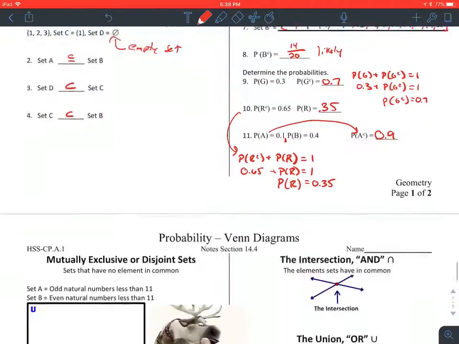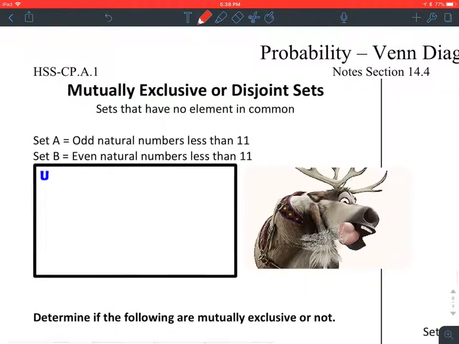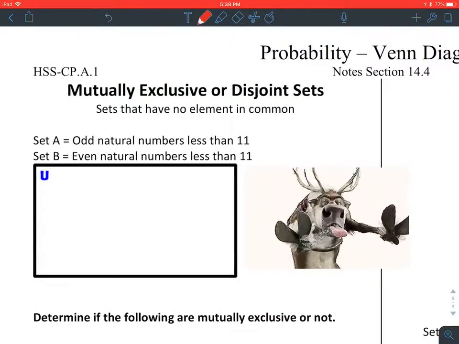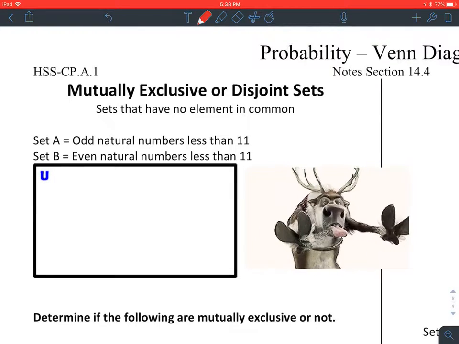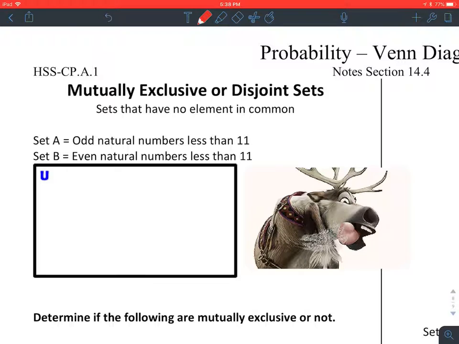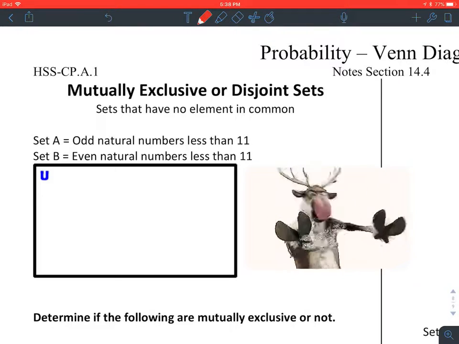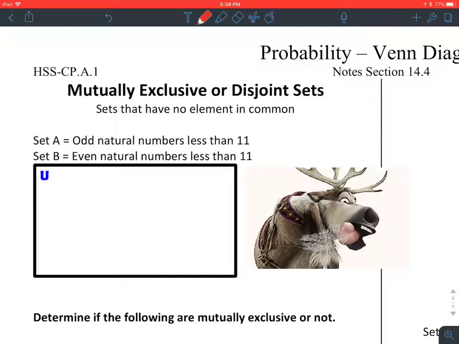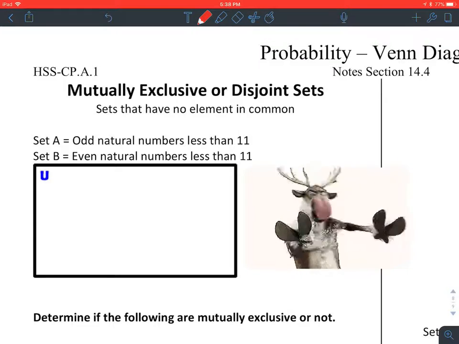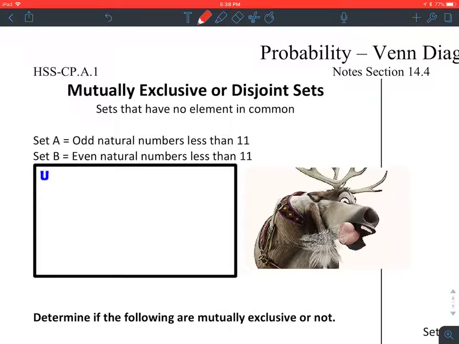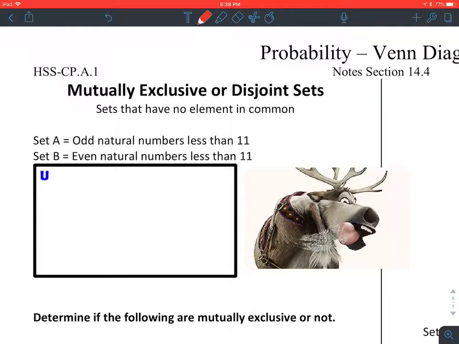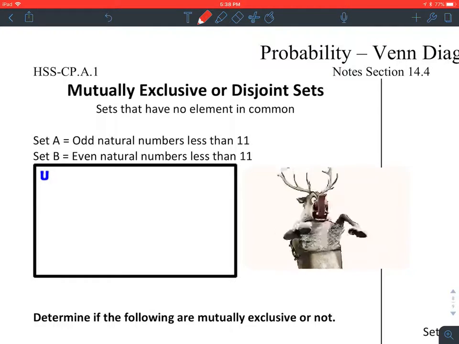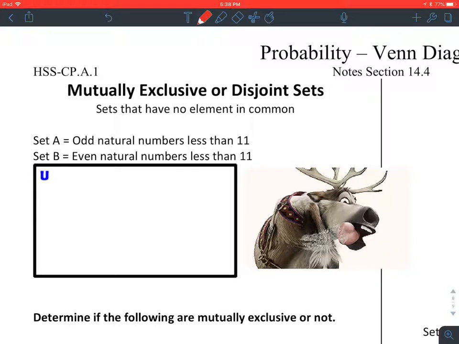Moving forward. Got to make another Venn diagram here. Mutually exclusive or disjoint sets. Mutually exclusive means that the sets are disjoint. That means that they have no elements in common. Here's an example. We've got the universal set, and in that universal set are all the integers, scratch that, all the natural numbers that are less than 11.